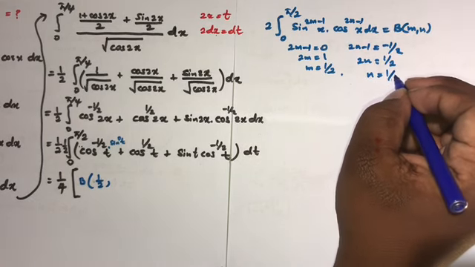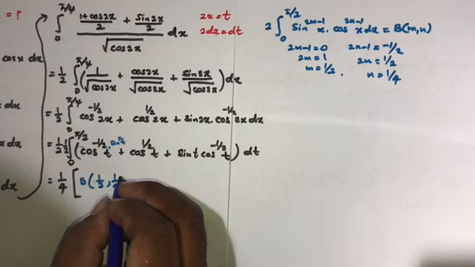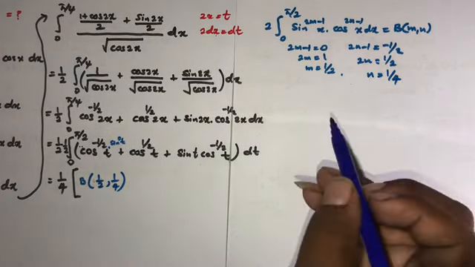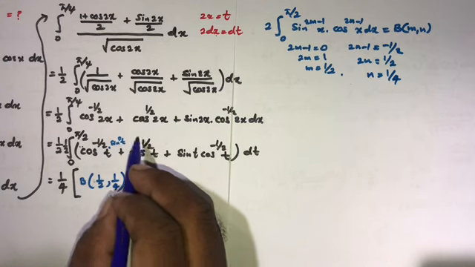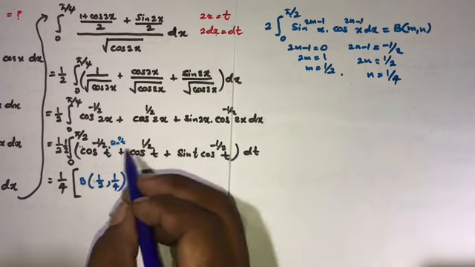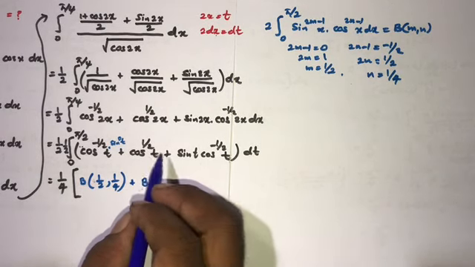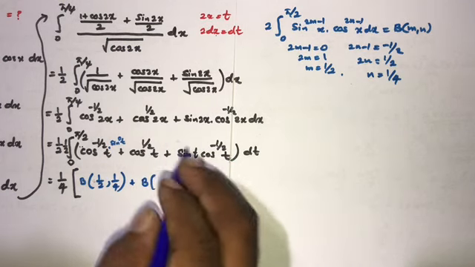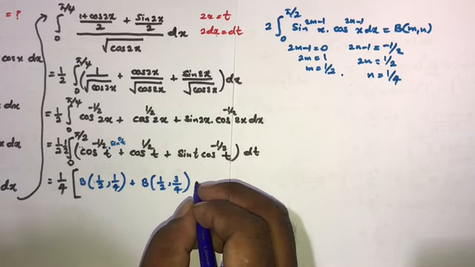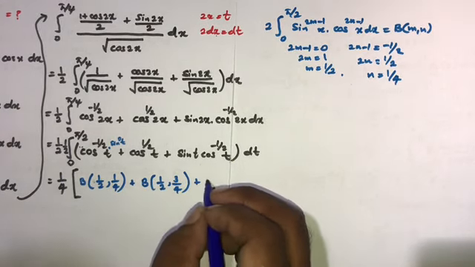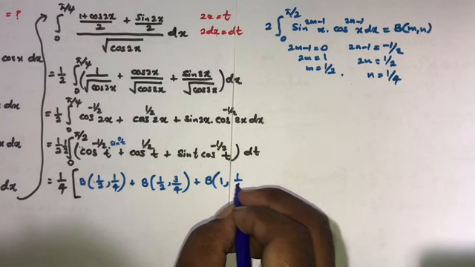So n is equal to 1 over 4. So beta of 1 over 2 comma 1 over 4. Okay, now the same process. Plus now cosine to the 1 half of t, again using the beta function. So this is equal to beta of 1 half, sine 0, so 1 half, 3 over 4, plus now sine to the 1 power, so beta of 1 comma 1 over 4.